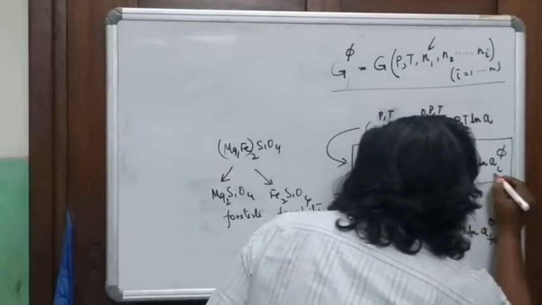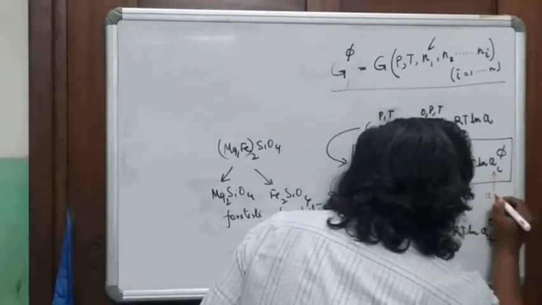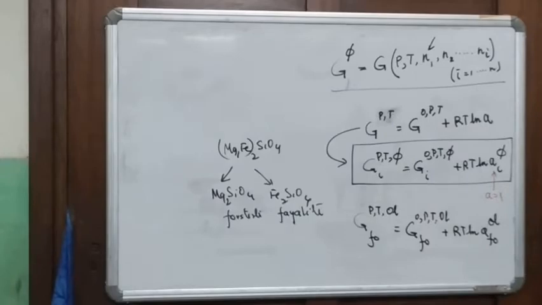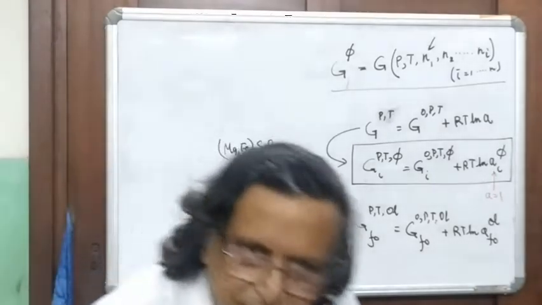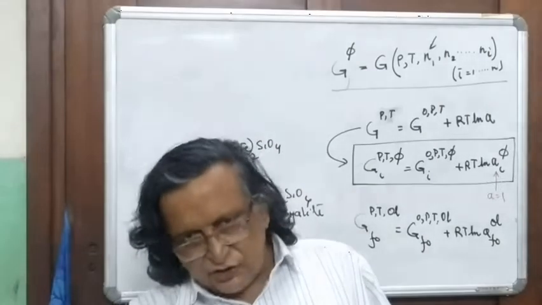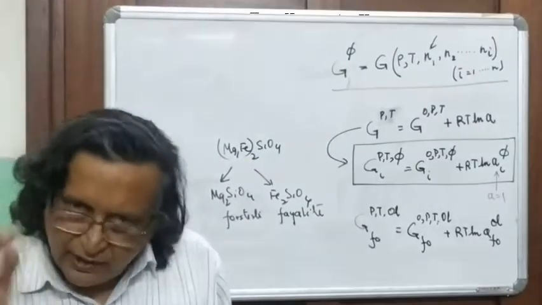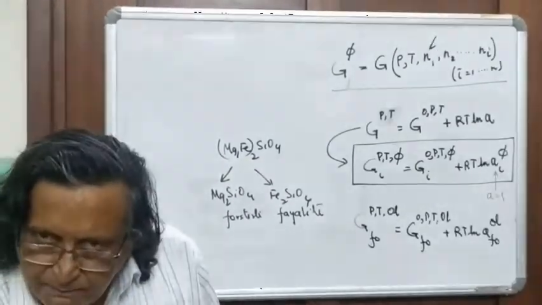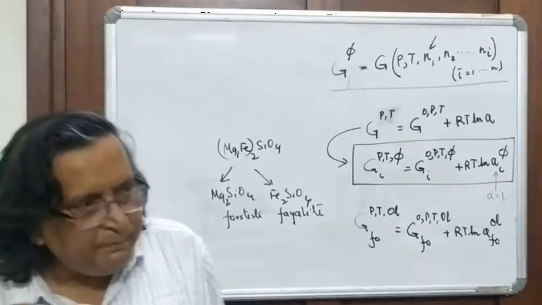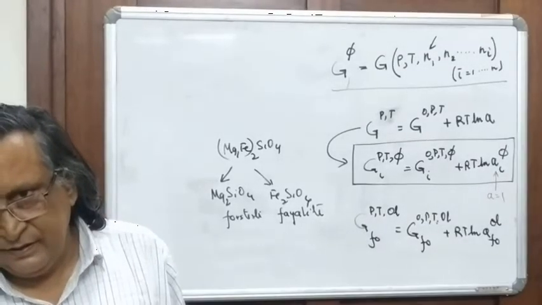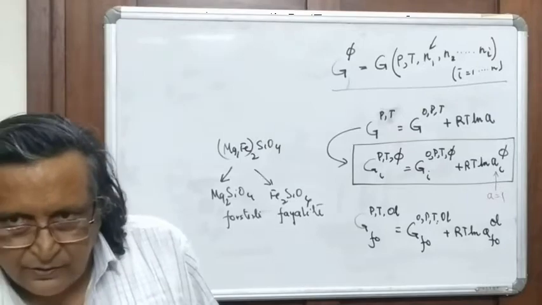If I take activity equal to 1, then we are talking of a pure phase, either forsterite or fayalite, not olivine. We are talking of an olivine, but the olivine is either pure forsterite or pure fayalite. Right?